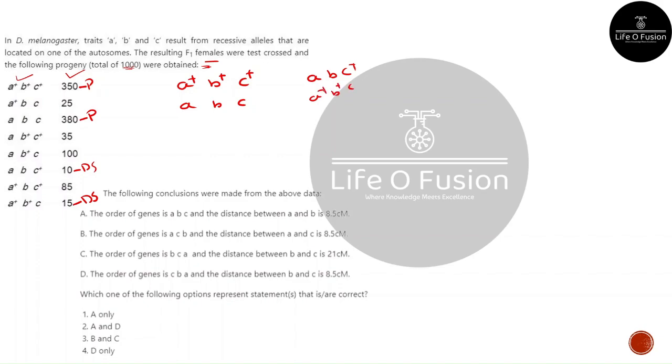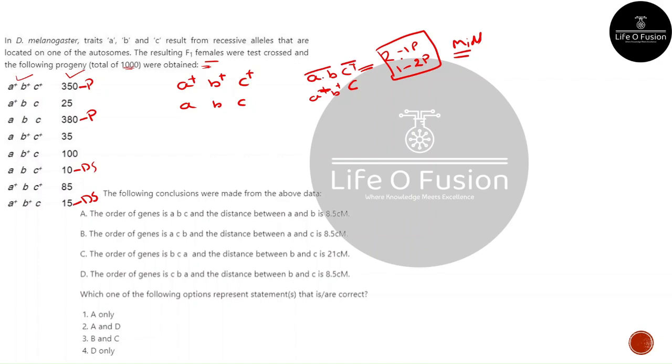So how to find the gene order here? Remember that from a double crossover product, the product will have two genes from one parent and one gene from the second parent. So that one gene is the middle gene. I'll show you here. As you see here, this one, small a, small b, and C plus.